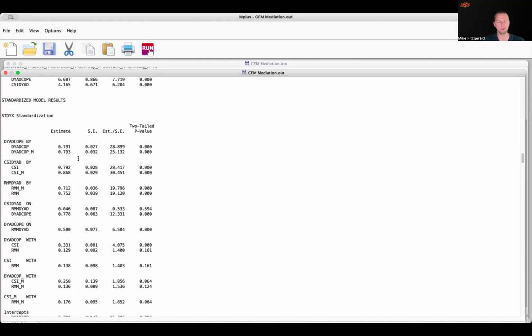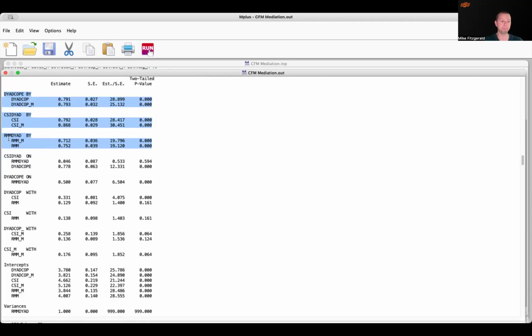Because if those loadings are lower, then maybe another dyadic model is more appropriate. So we look here and all of our loadings are above that 0.70 threshold. So that means the variance that is shared between dyad members is substantial. And again, this provides some evidence that we are using the appropriate model.